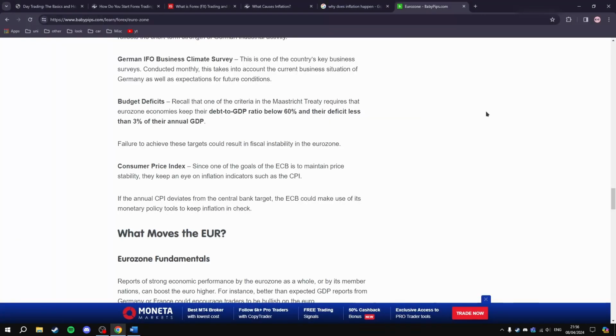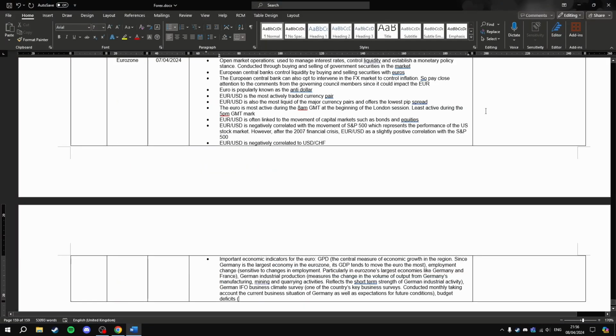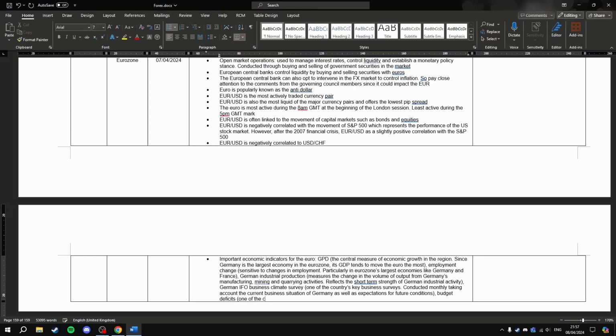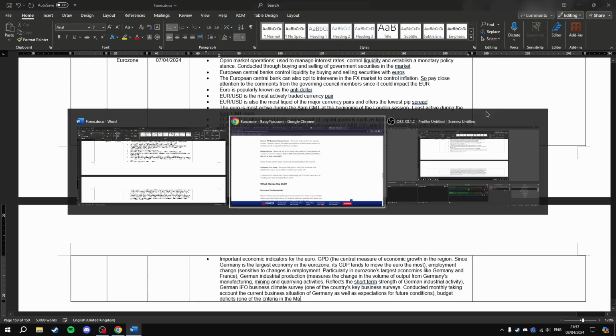Recall that one of the criteria in the Maastricht Treaty requires that Eurozone economies keep their debt to GDP ratio below 60% and the deficit less than 3% of the annual GDP.